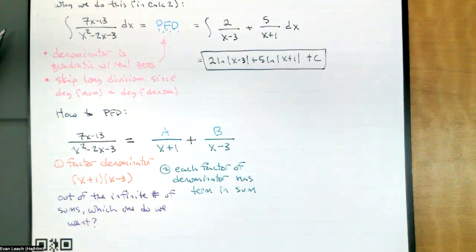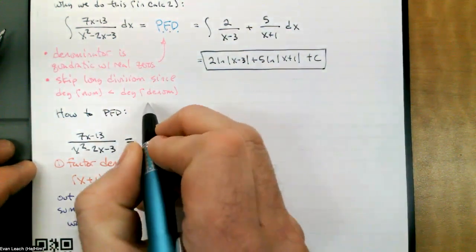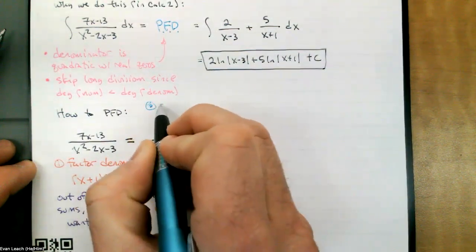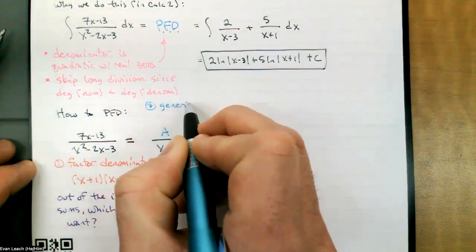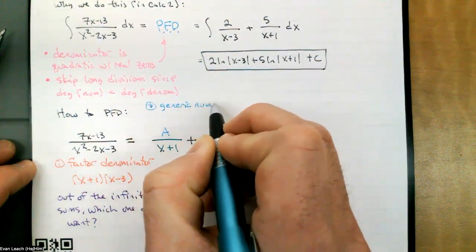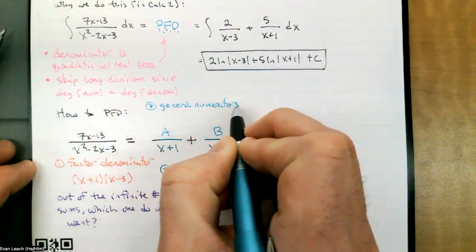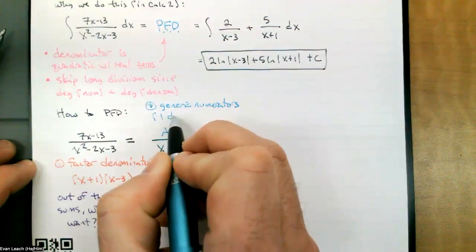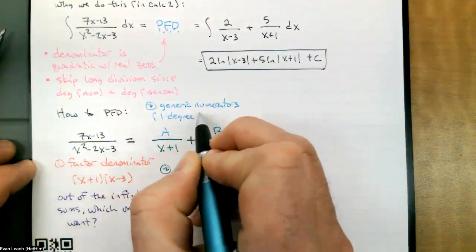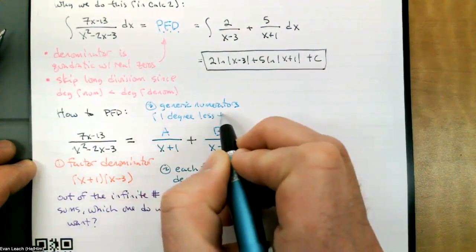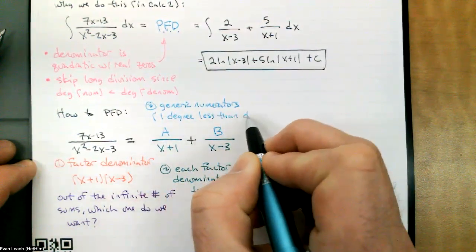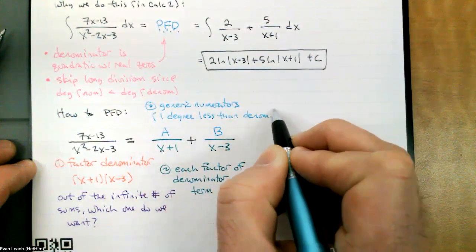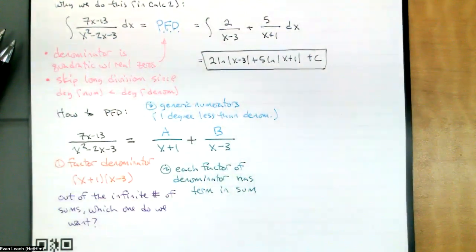So third, generic numerators. That's the setup.